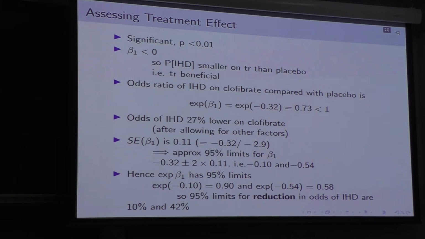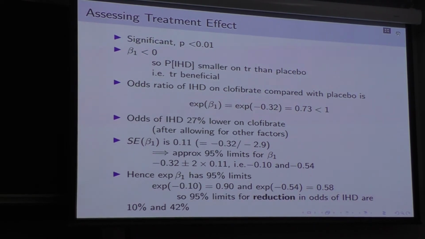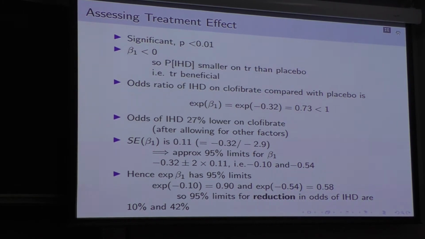So you might see people saying the reduction, because we know it's below 1, so we know it is a reduction in odds of heart disease, is somewhere between 10 and 42%, the complement of this and the complement of that. So you might see the increase in it due to smoking is somewhere between this and this, or the reduction in it if you're on this drug is somewhere between this and this.